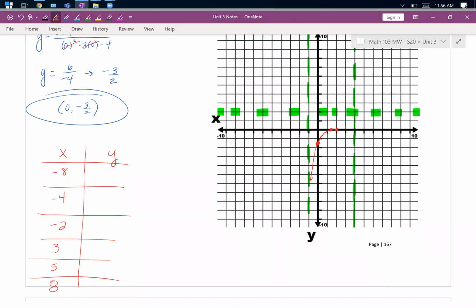All right, so I'm just going to pop these in my calculator. I did it ahead of time, so I already have them.